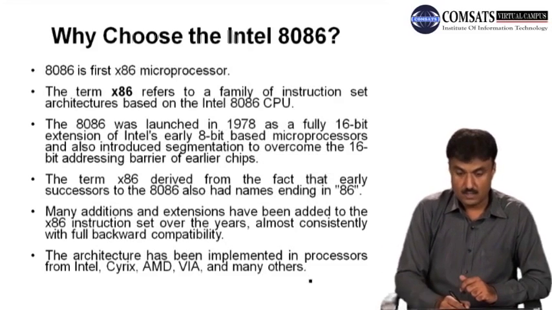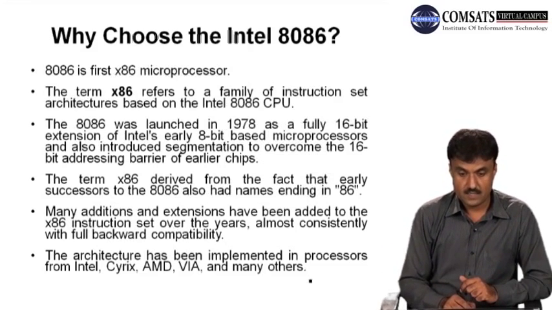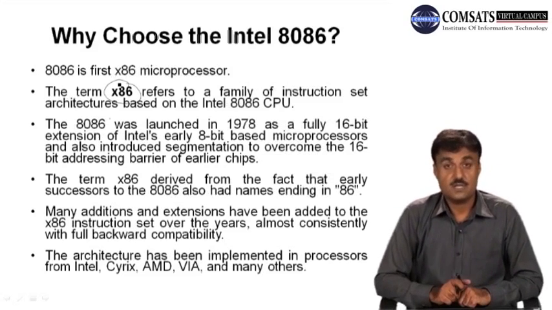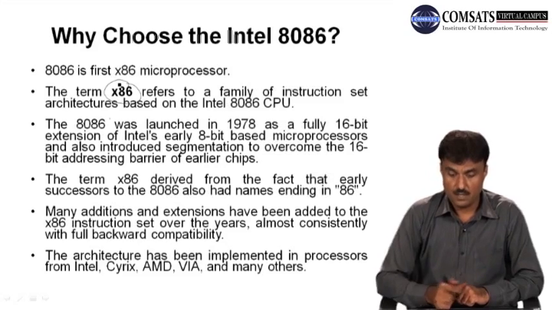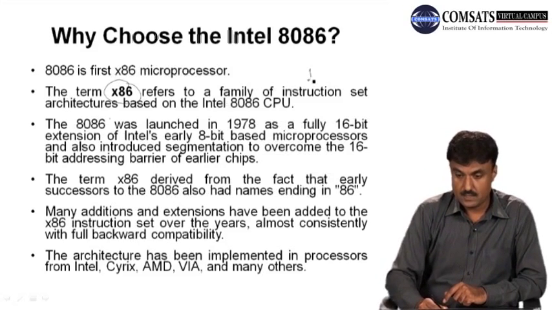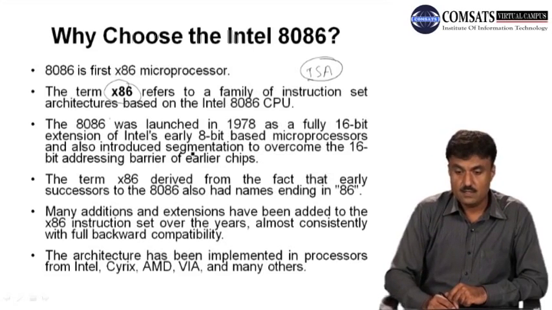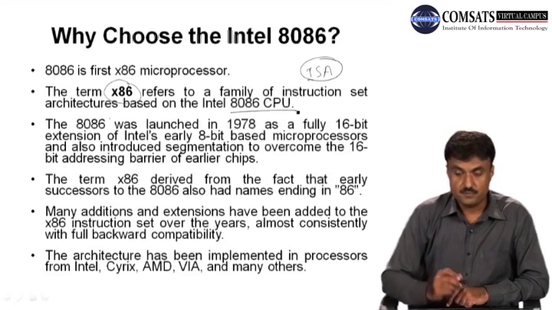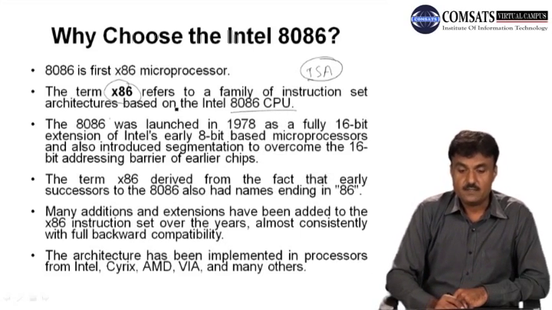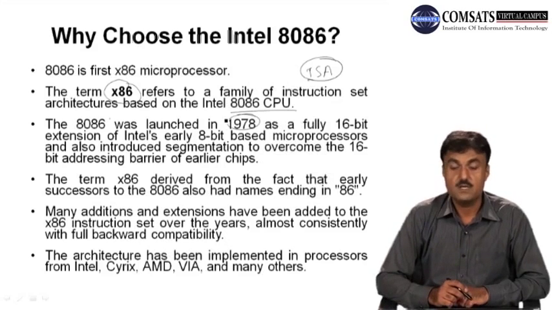And the term x86, as I told you, refers to a family of instruction set architecture, or ISA, based on the Intel 8086 CPU. The 8086 was launched in 1978 and was a fully 16-bit extension of Intel's earlier 8-bit processors.